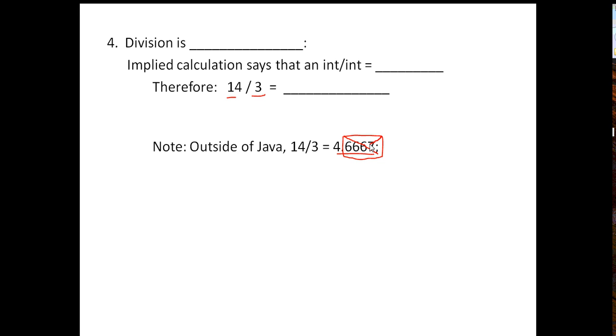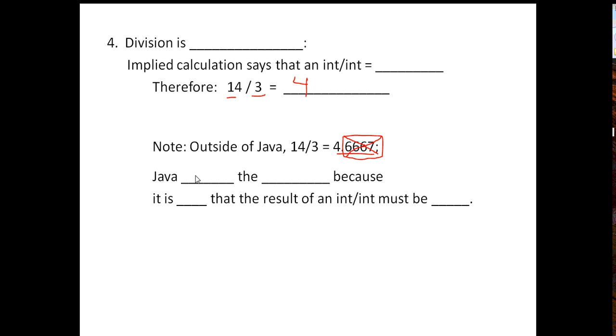And what are you left with? You're left with a 4. Here's what happens. Java truncates the decimal, because it is implied that the result of an int divided by an int must be an int.